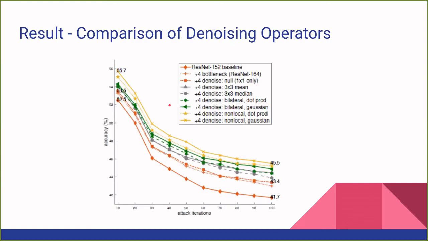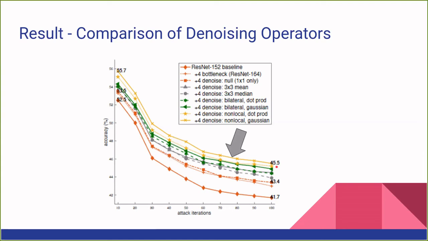So if you look at this image, we find that the baseline model performed the worst. At 10 iterations, they found it was 52.5%, and at 100 iterations, it was 41.7.